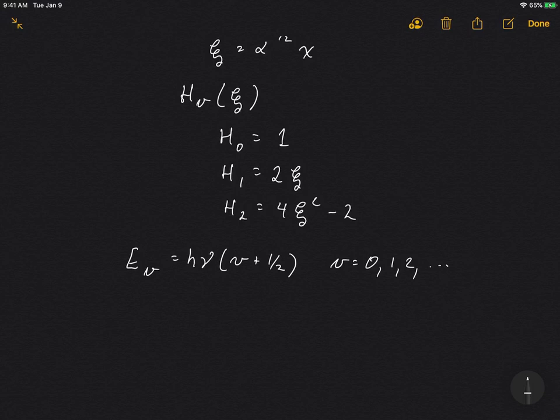Of course, you could make a slightly different expression like this. It'd be a little bit more complicated to work with, and have v start at 1 so that it would be consistent with the particle in a box case. But in general, we have to keep track of the fact that the list of quantum numbers sometimes starts at, say, 0, sometimes it starts at 1. It depends on the system. There's no universal rule. It's just something you're going to have to deal with for each system.